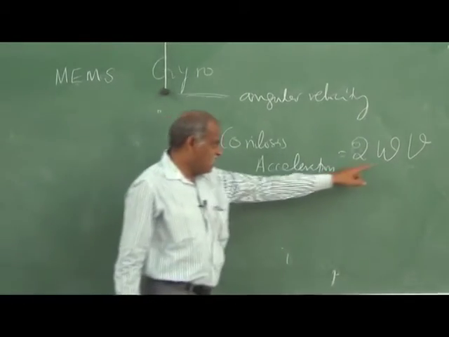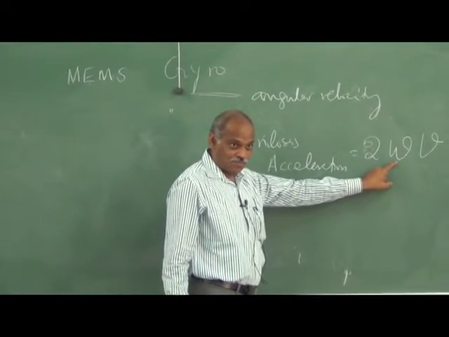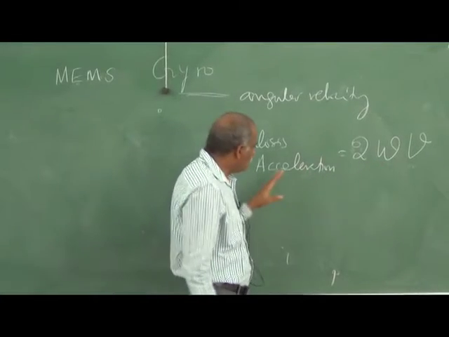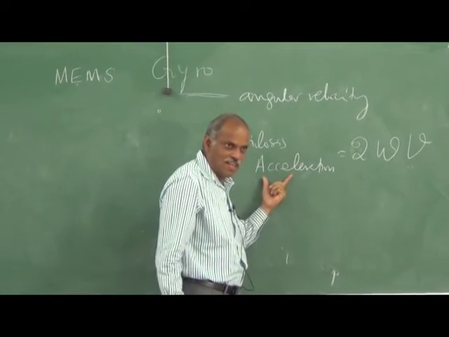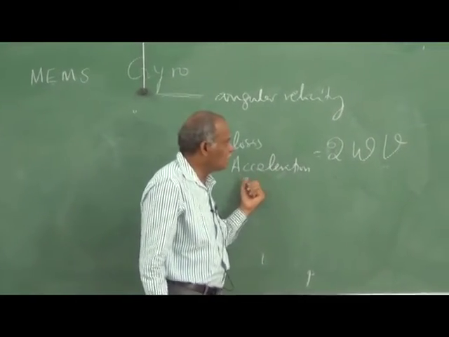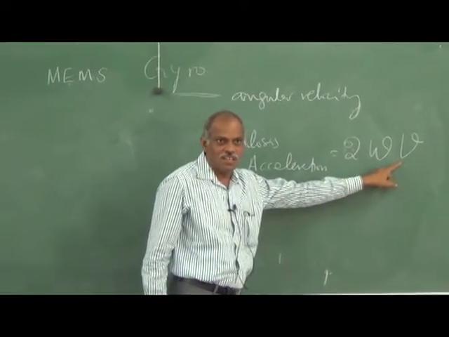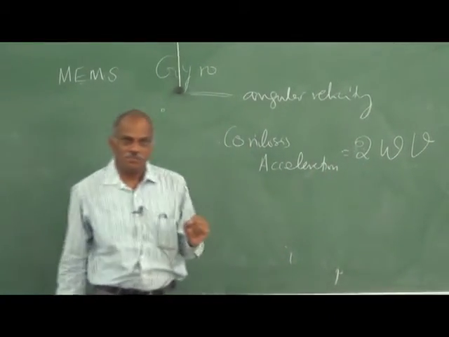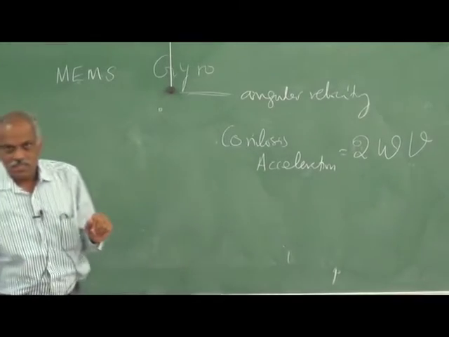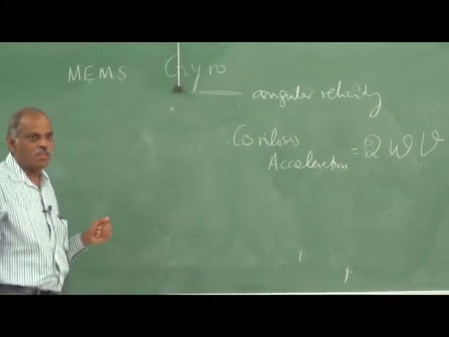Since angular velocity is there, if you are able to measure the acceleration, if you are able to maintain some velocity, you can find out what omega is. So that is what the MEMS gyros today use.